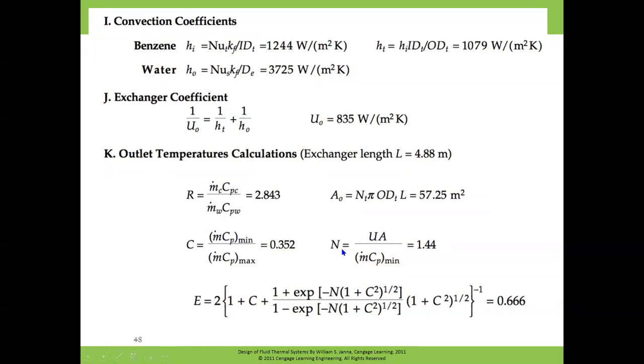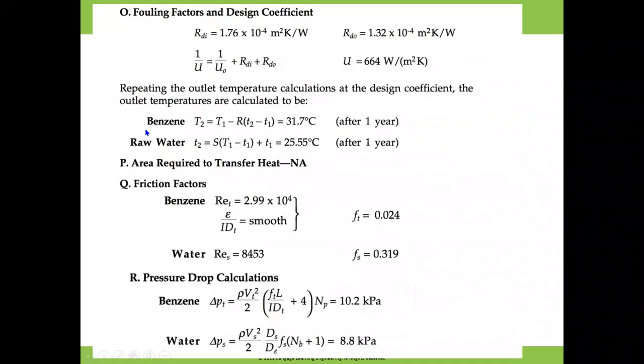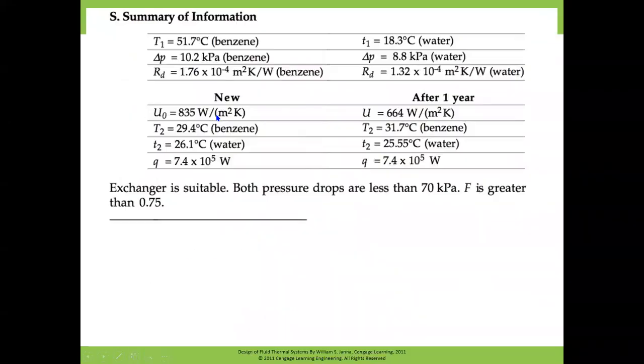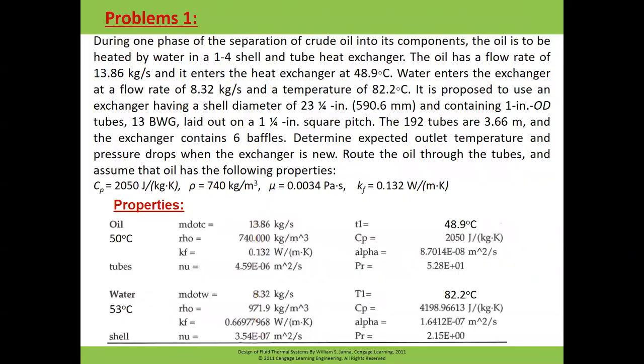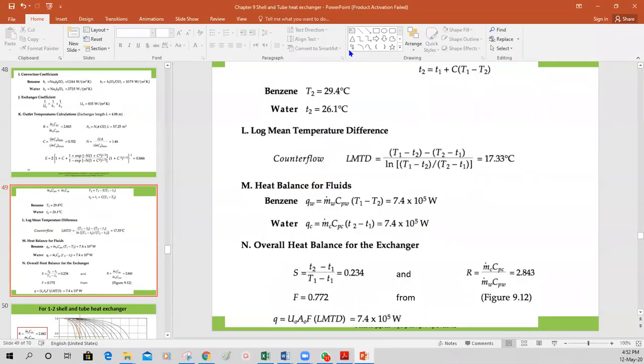Then we calculate the number of transfer units, and then we calculate E using this expression. With the help of E, we calculate the final temperatures T2. So this is the procedure that you have to follow.